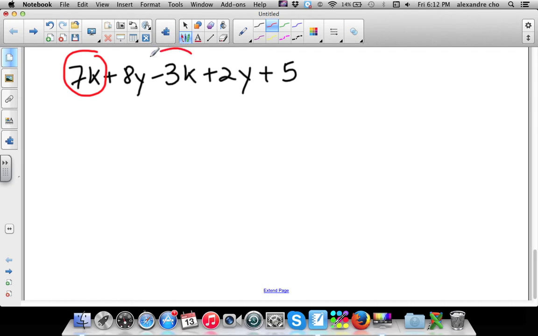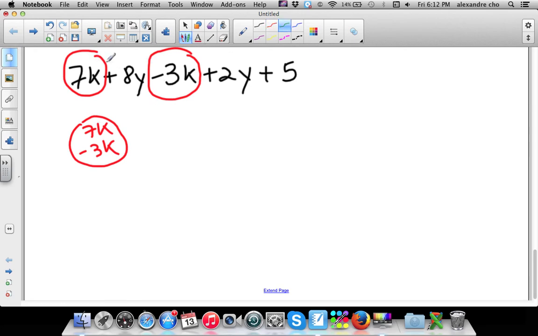Okay? And circle the minus 3k, not just 3k, but the subtraction sign. Okay? The sign that precedes it. So in a big circle, or tiny circle, you write 7k and minus 3k. So that's what you're going to do on that one.